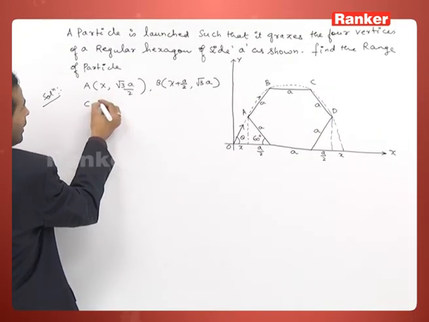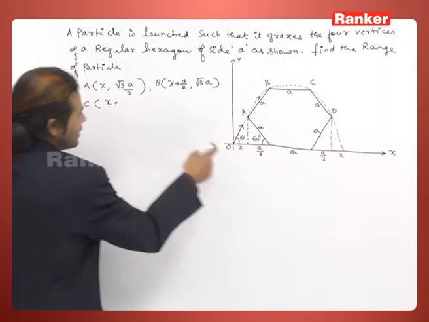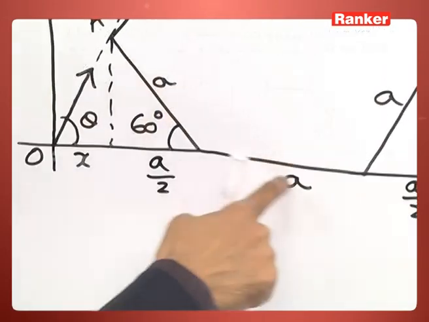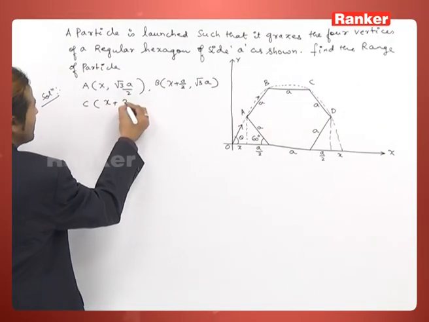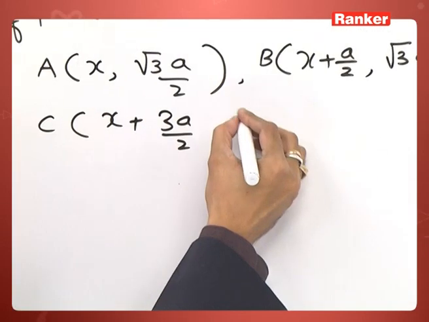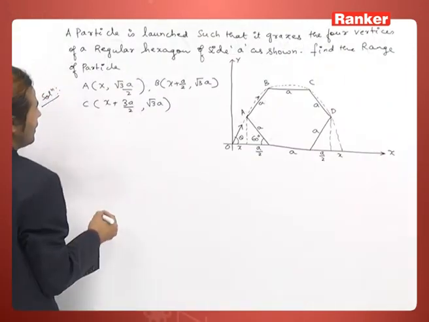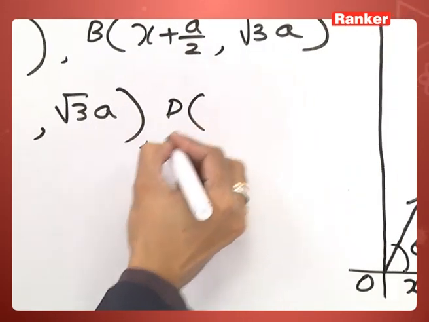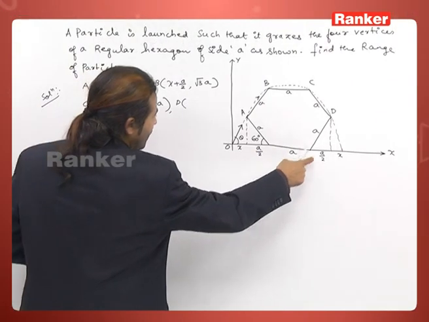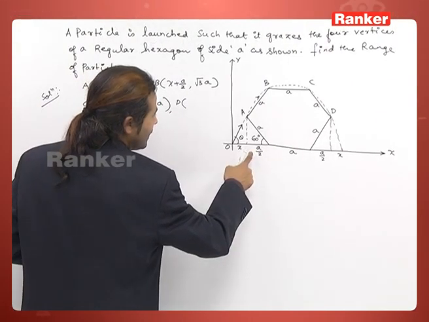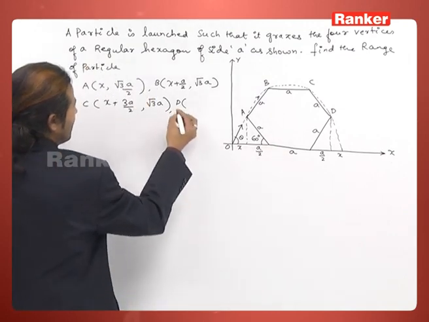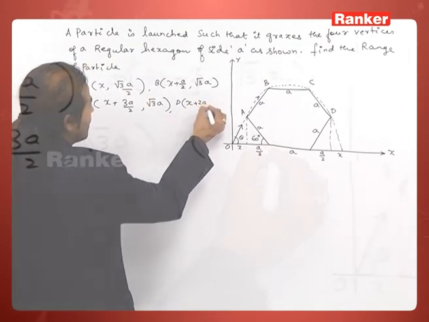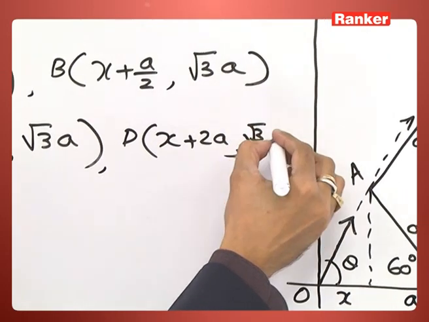C coordinate will be x plus a by 2 plus a, so this is x plus 3a by 2, again this will be root 3a. And D coordinates will be x plus 2a, root 3a by 2, y coordinate.